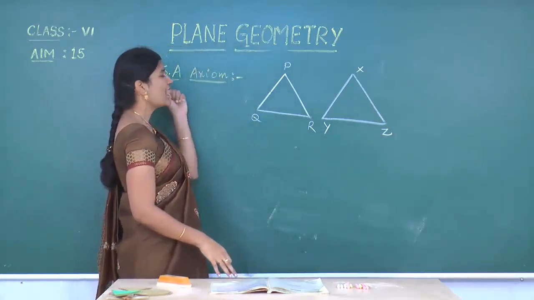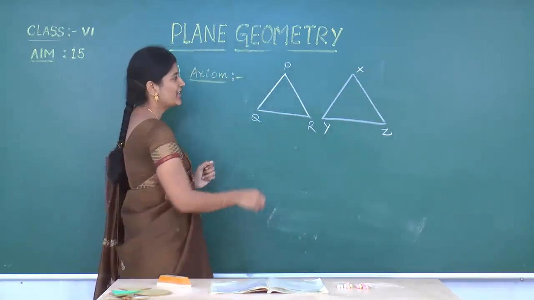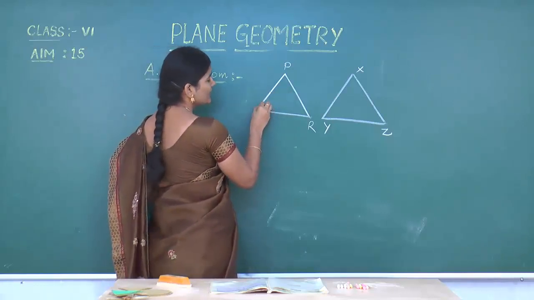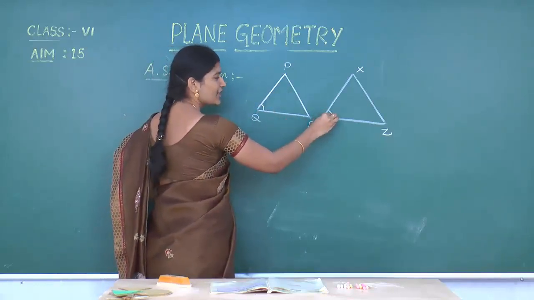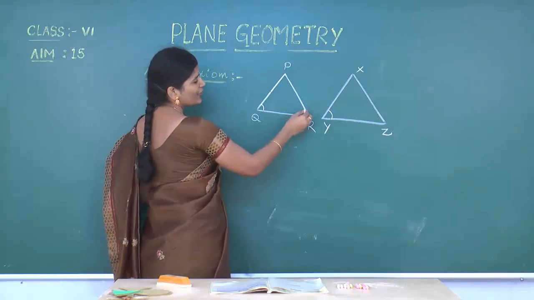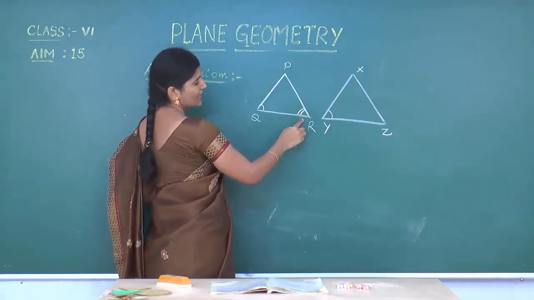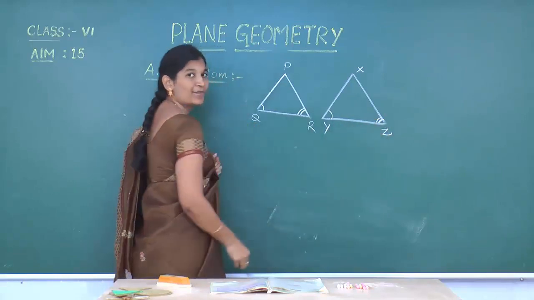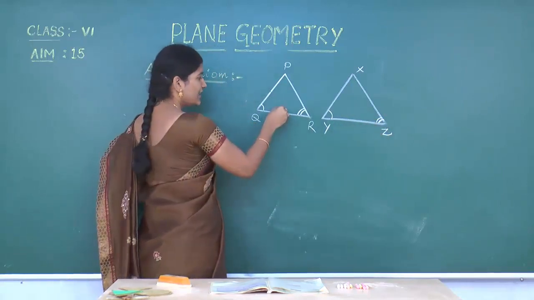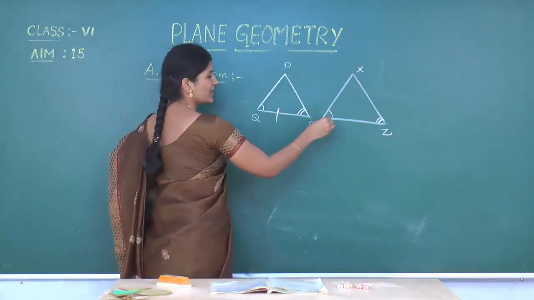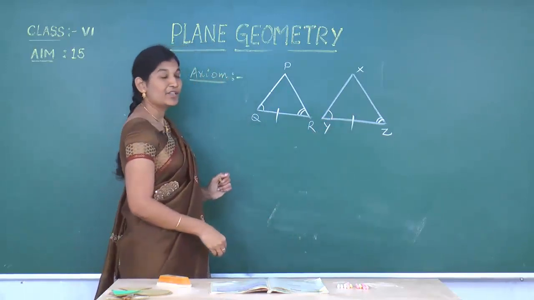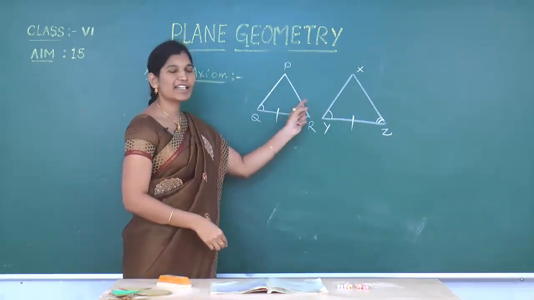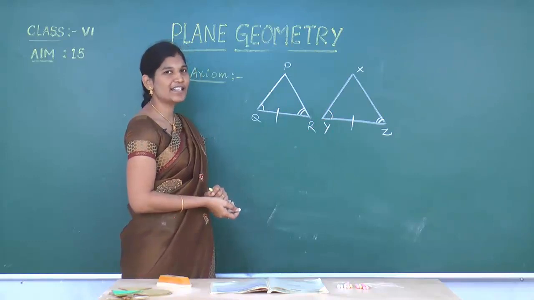Here, two angles and included side. I am going to select this angle, corresponding to this one. And I am going to select the second angle, this one, and the corresponding angle is this one. And the included side is this only. So I can say these two triangles are congruent to each other.